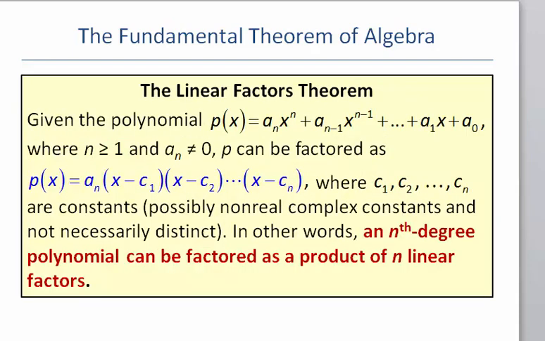All right, we have a linear factors theorem. This one says that if you have an nth degree polynomial, you should be able to factor it as a product of n linear factors, which means that if you have a polynomial that looks like x squared minus x minus 12, it should be possible for you to factor, since this is degree 2, into 2 factors.